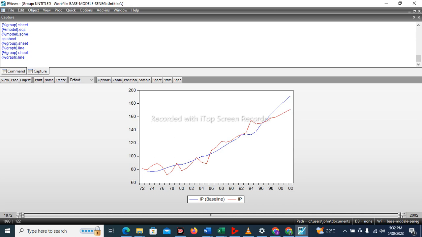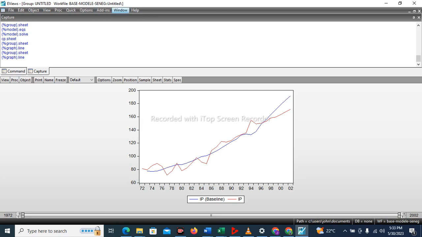Look at how the baseline did a good job at predicting our original data. So that tells us our model will not be worse off when it comes to forecasting future results, because you can see the variation. There is no huge disparity in the results that are being displayed.